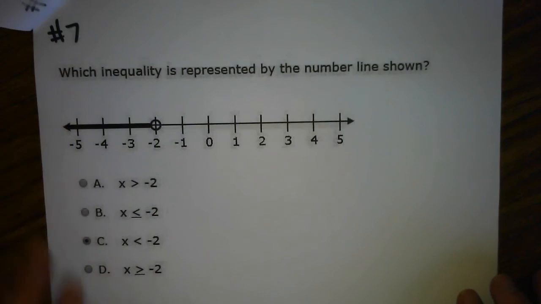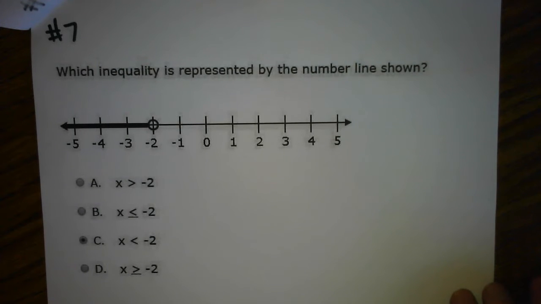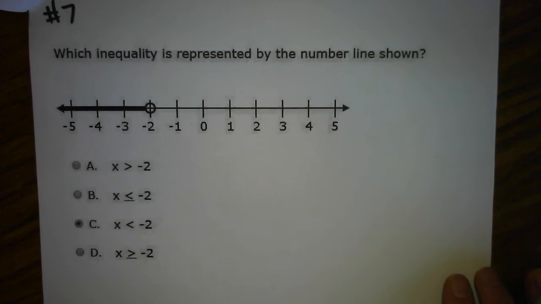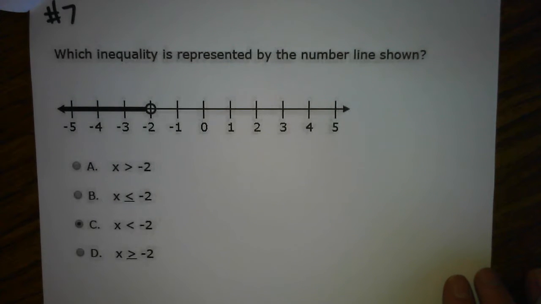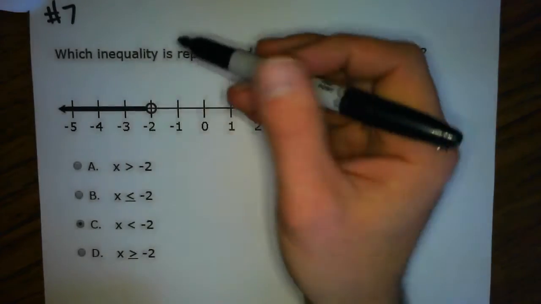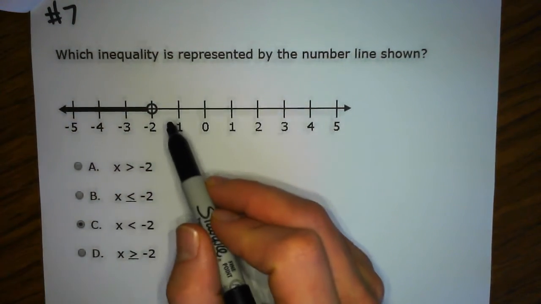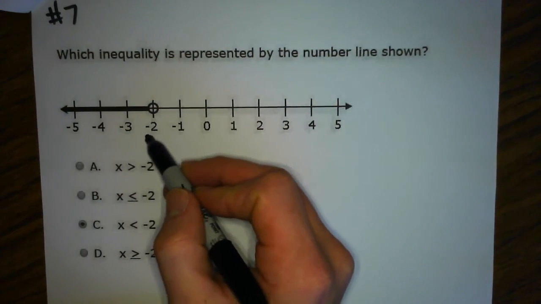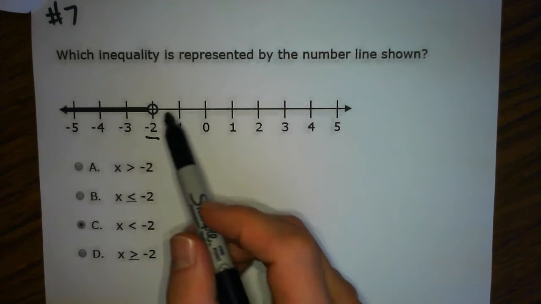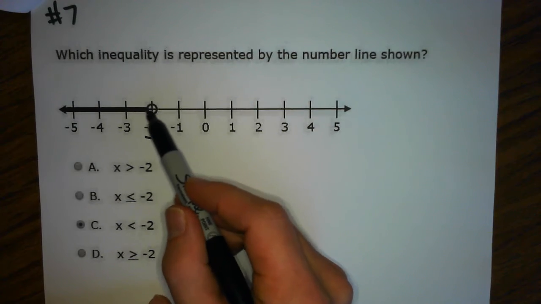Alright, so we're going to skip ahead to number 7. Now this one shows you a line graph. Which inequality is represented by the number line shown? So I see an open circle. First of all, we're on negative 2 on the number line, and at negative 2 we have an open circle.